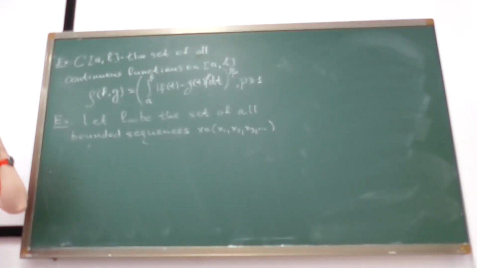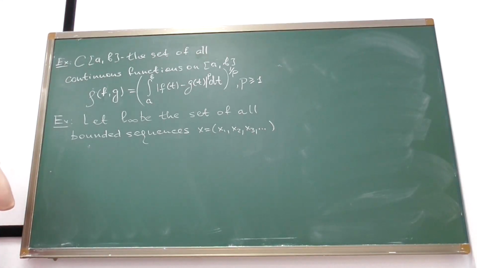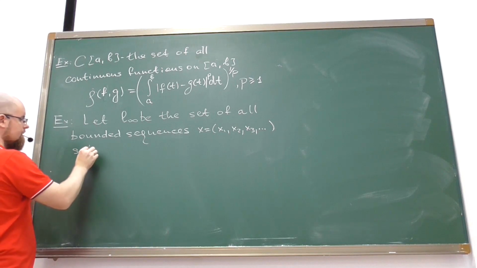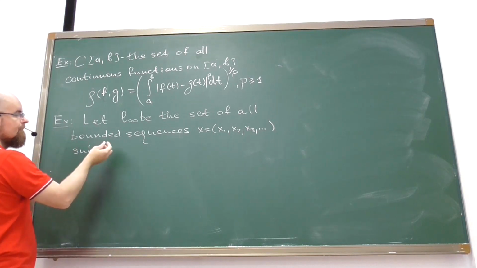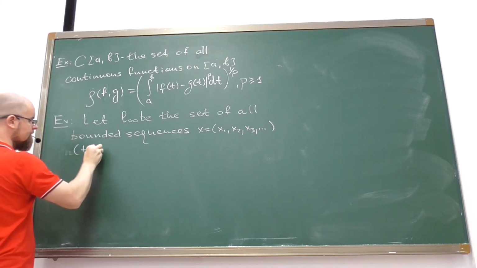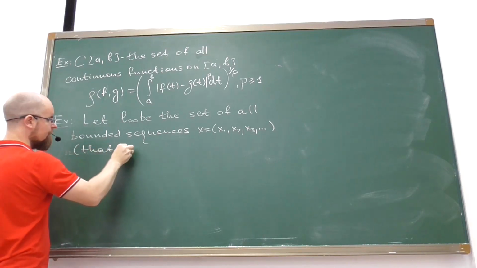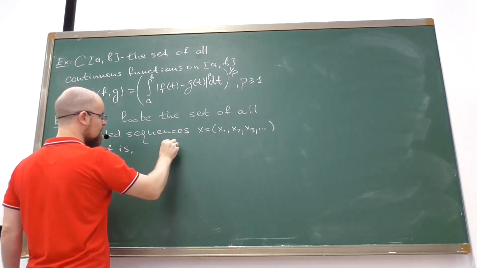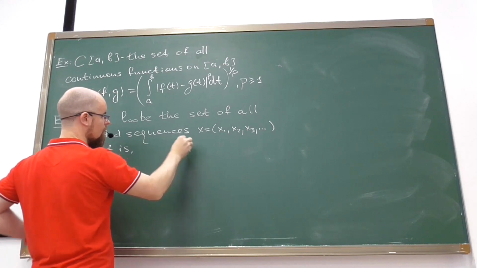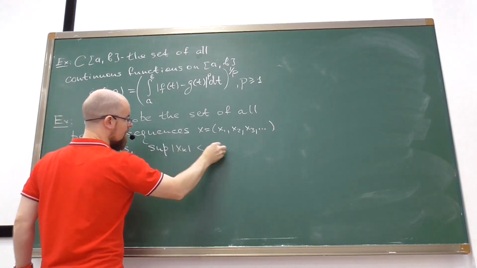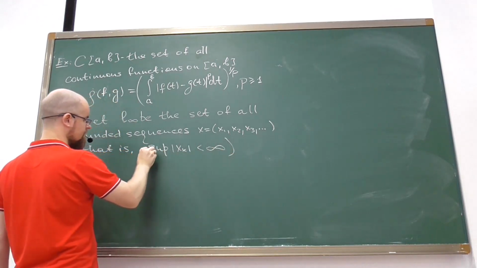So infinitely many coordinates. So what do we mean by boundedness? It means that if we take the absolute values of all coordinates, then the supremum of them is less than infinity.